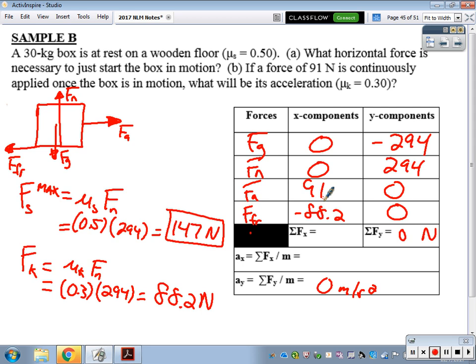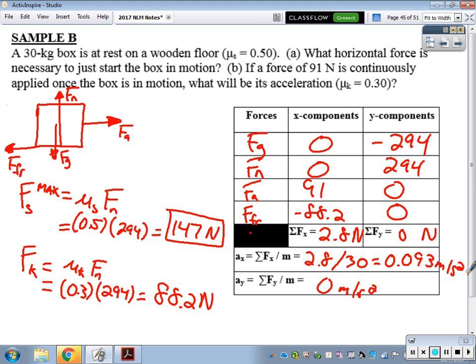Paige, what'd you get for sigma Fx? 2.8 newtons. Good. 2.8 newtons is what we should get there. Okay. And then Justin, what do we get for Ax? 2.8 divided by 30 should give us 0.09 meters per second squared.